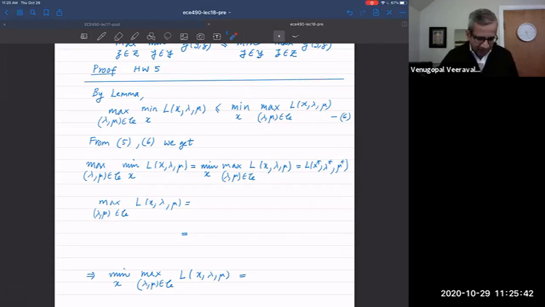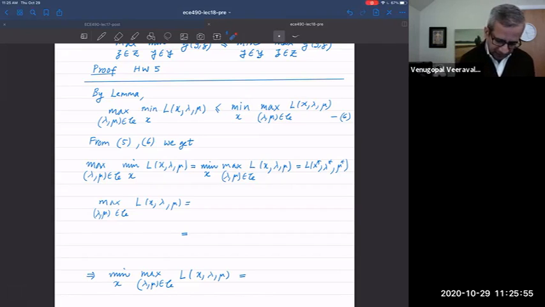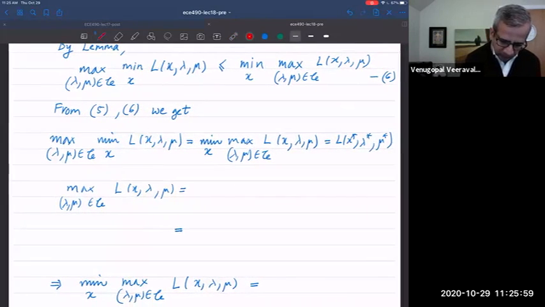So let's actually examine this quantity here, this max over lambda, mu of L(x, lambda, mu), right?